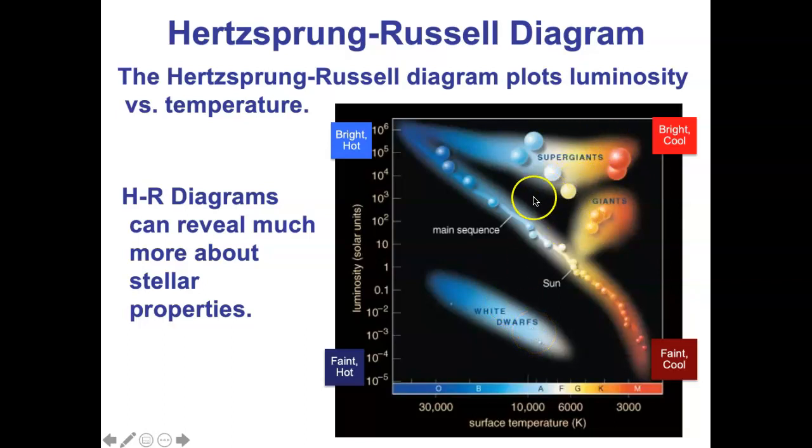You don't find very many stars in this black area here, these black areas over here. Stars clump up into these 4 groups. That's telling you something, right? Something about the way stars work means that you find them in these 4 groups and not anywhere else. What's going on here? Well, let's see if we can figure this out.